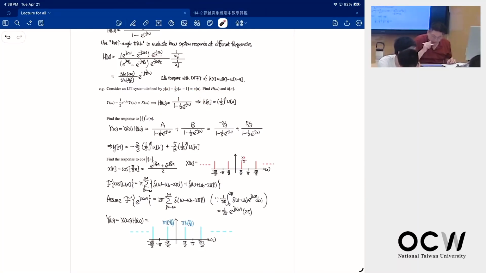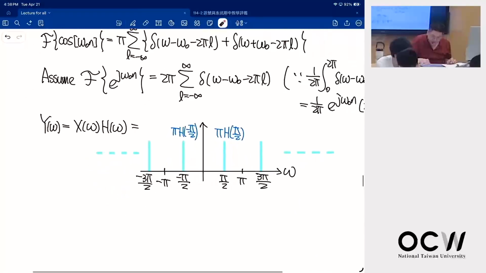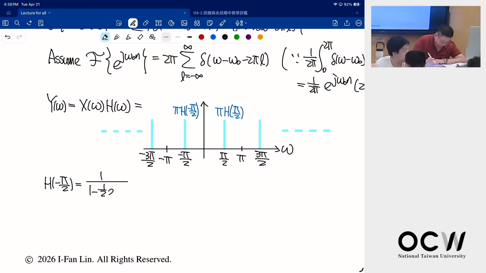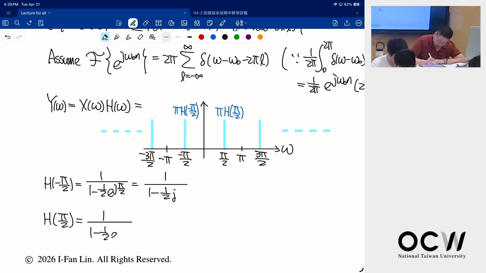Okay, so at minus pi over 2, we get one divided by 1 minus 1/2 e to the j pi over 2, which is 1 minus 1/2 j. And at pi over 2, you'll get 1 divided by 1 minus 1/2 e to the minus j pi over 2.